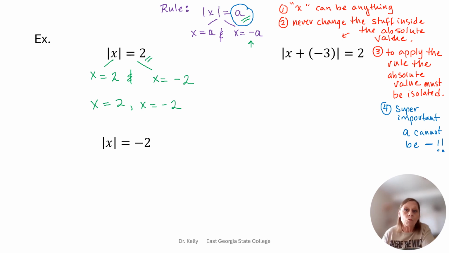Which is another reason why you have to isolate the absolute value first.